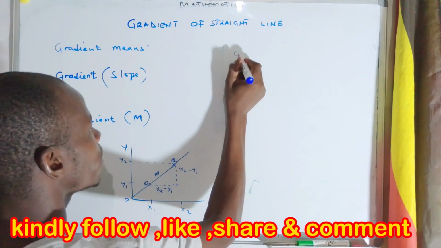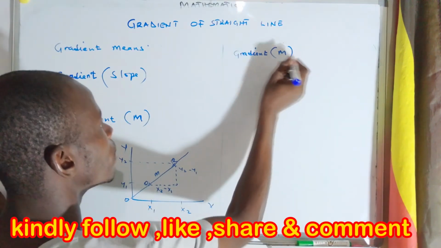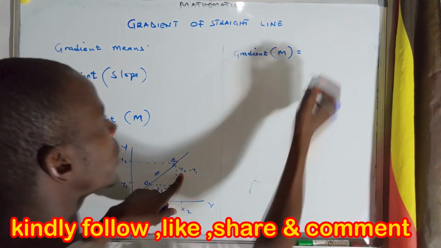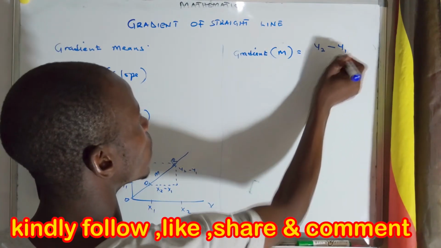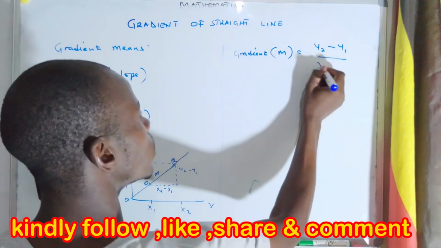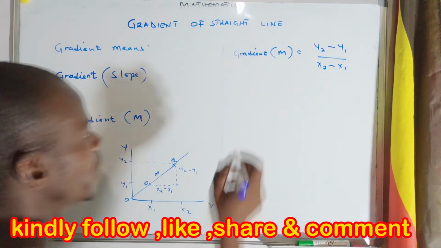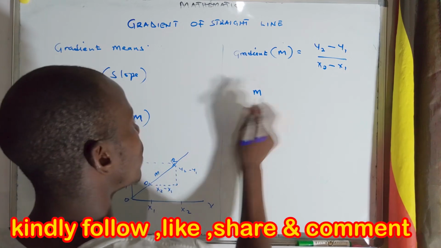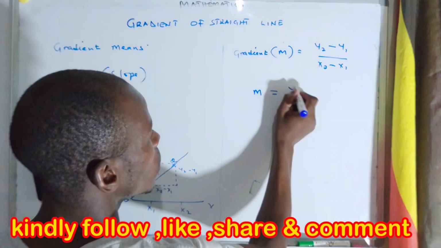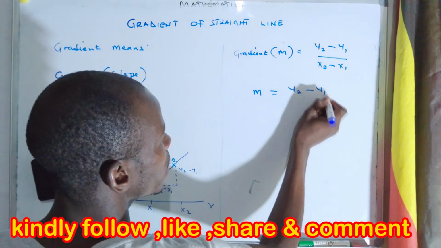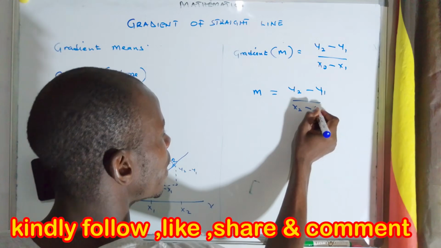You can write gradient as m in short form. m equals y2 minus y1 over x2 minus x1.